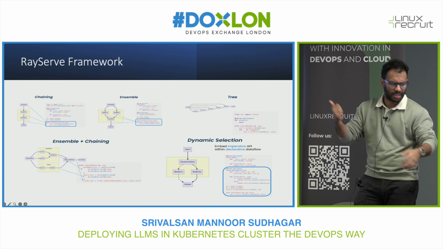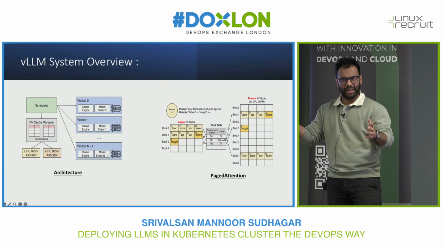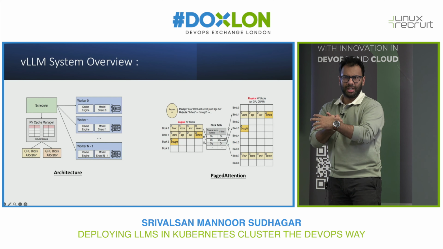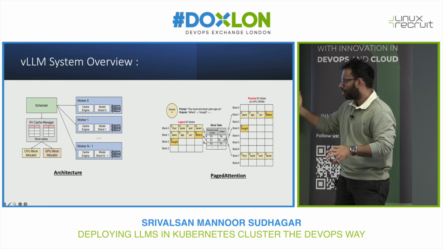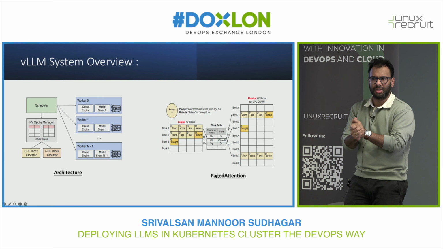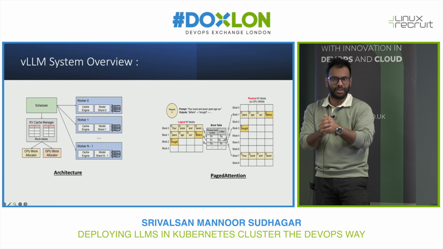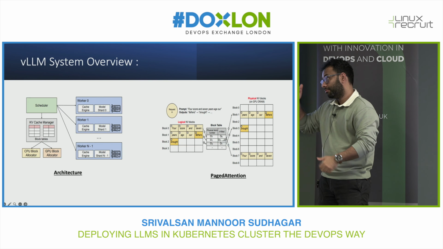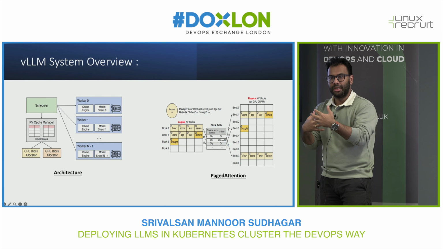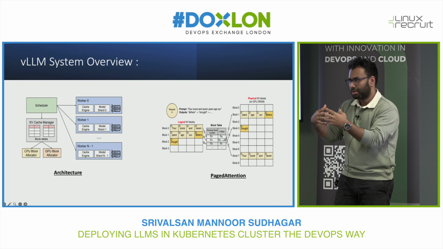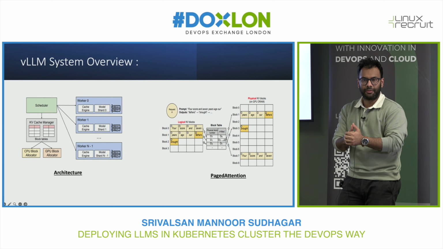vLLM is essentially a paper that came out, I think, in September 2023, and the biggest advantage of vLLM is that it introduces a concept called paged attention. If you want to store the tensors in a key-value format, which is essentially what machine learning models do, what vLLM brought in is that you can store the key-value formats in a non-contiguous way, so you don't have to store them contiguously as a lot of frameworks do.